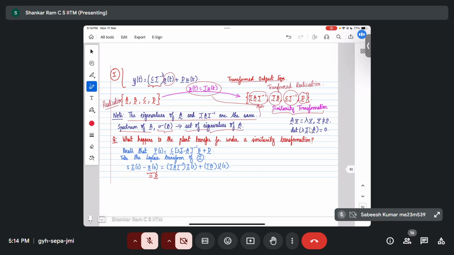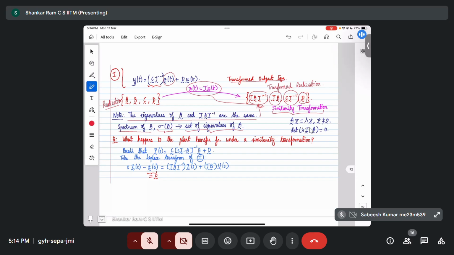For stability, all poles of the transfer function should lie in the left half of the complex plane. What about eigenvalues? The eigenvalues should have negative real parts. So when we look at the state space representation, stability is linked to the eigenvalues of the state matrix.